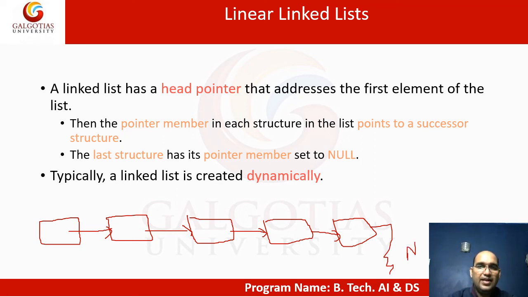This is called the linear list, where you can access the elements one after another. It contains the data, and it has one last field, which is a pointer that can store the address of the same kind of list. That is called your linear linked list. You will study this in the second year in the data structure subject in detail.